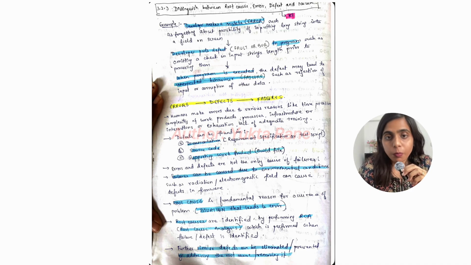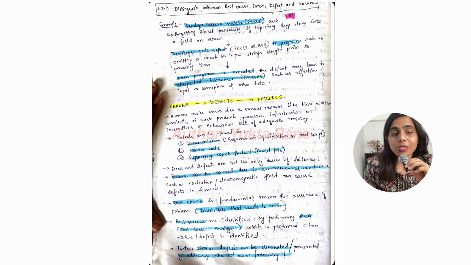So let's start with module 1.2.3, which is distinguish between root cause, error, defect and failure. We will understand this with the help of situations, and then we will map those definitions to those respective situations to understand them better, since this is a K2 module where you will be asked questions to apply these concepts in real world application.